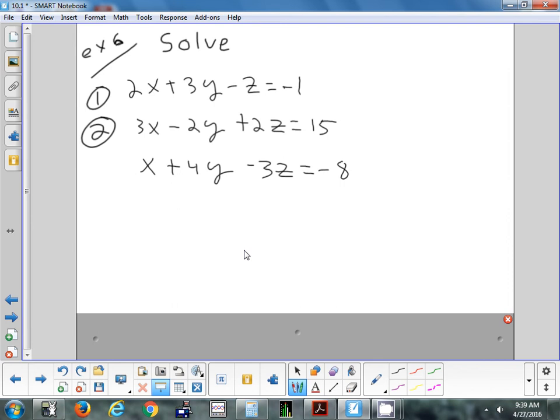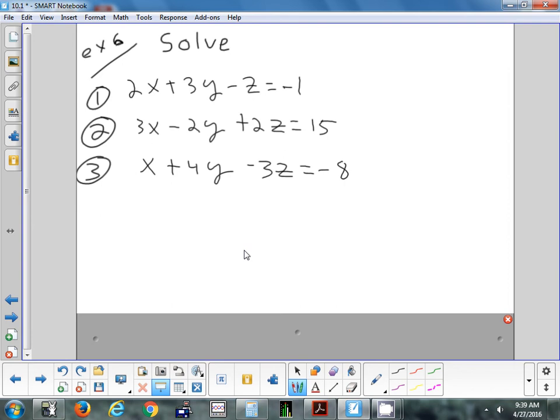Does anybody see what you could multiply the third equation by so that when you add it to the first equation, x disappears? You want to multiply the third equation by something so when I add it to the first, x is gone. -2. Yep, we're going to multiply it by -2.